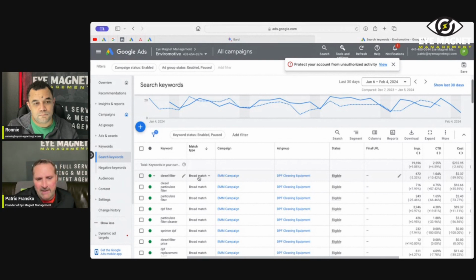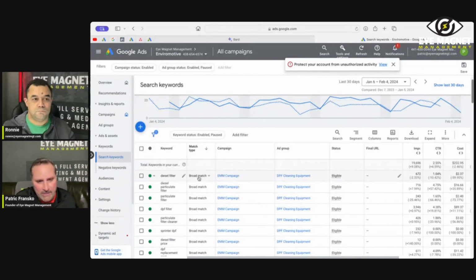Phrase match is kind of halfway in between broad match and exact match, in the fact that it's taking the keyword or the key phrase in context and trying to match you up with people that they're saying is going to be the type of match you're looking for. Might not be an exact match, but it's close enough that they're going to serve you up. So if you think about it, broad match is going to be the widest.